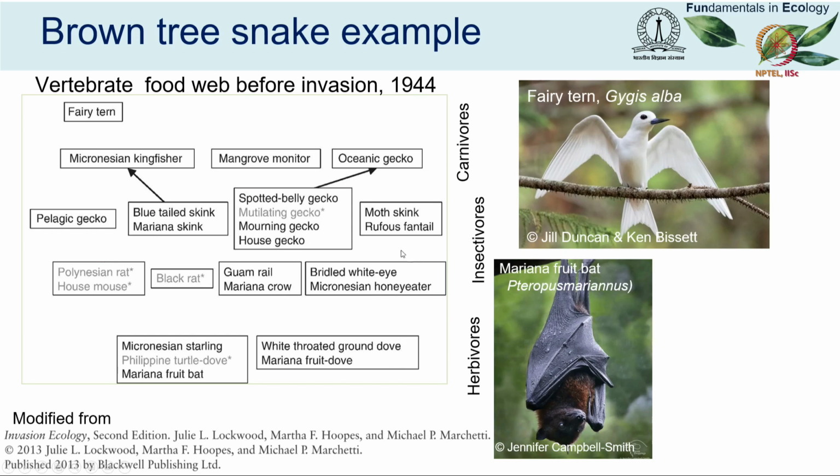And then there's some insectivores, such as more birds, skinks, geckos, and then on top of that, there's some carnivores that are eating these species at the lower trophic levels, so more geckos, a monitor lizard, some birds. And then there's one top carnivore, which eats other carnivores as well as other species. And so this was the vertebrate food web that was present in Guam.